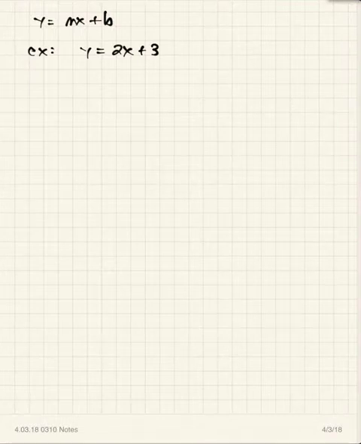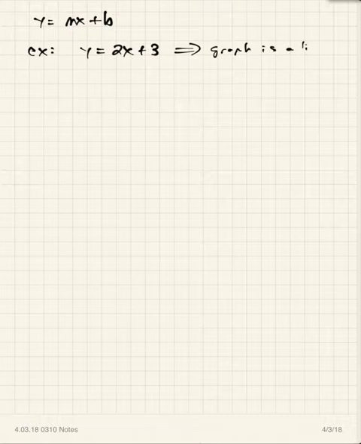All right, so y equals 2x plus 3, that is in slope-intercept form. So immediately you know that this graph is a line. You know immediately that the slope is 2. Now remember, the slope is rise over run, so you could think of that as 2 over 1.